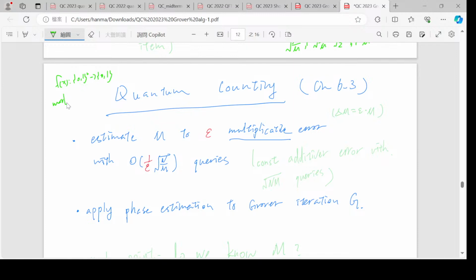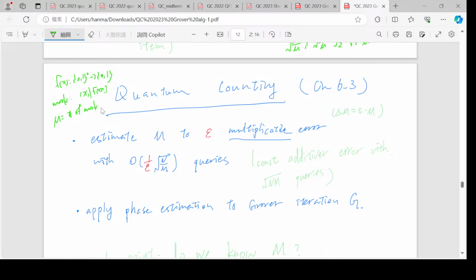So marked is f of x such that f of x equals 1, and unmarked are the others. And now the goal is to find M, equal to the number of marked items.